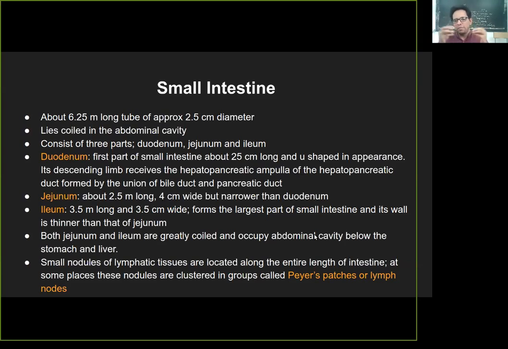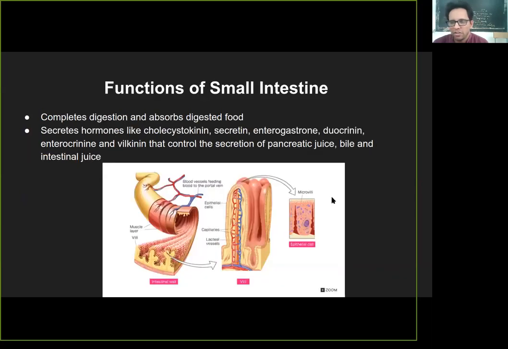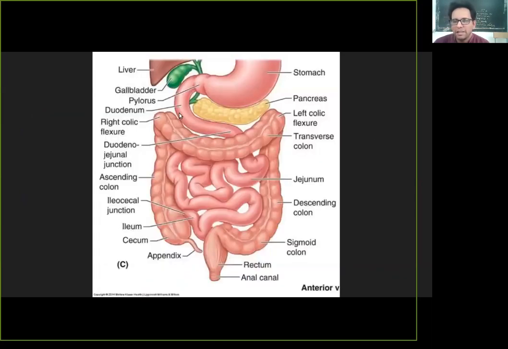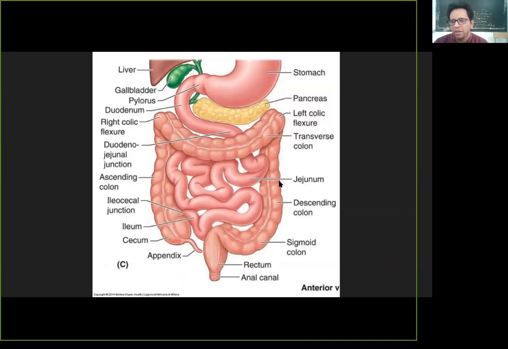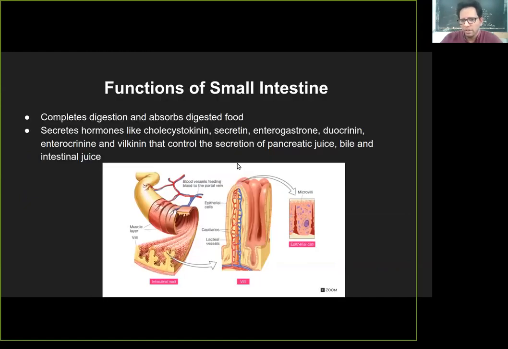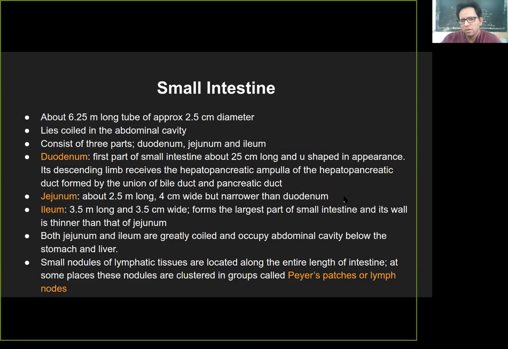The diameter goes on increasing from duodenum to jejunum to ileum. Here it is less in case of duodenum. Then the next part is jejunum, which is more, and the last one, ileum, has quite a larger diameter. It is 3.5 centimeter, and jejunum is 2.5 centimeter, and duodenum is less than that.